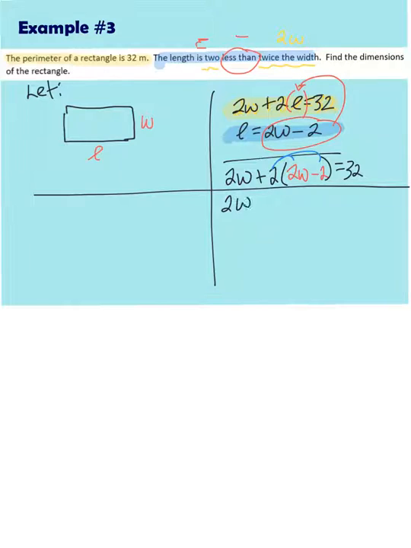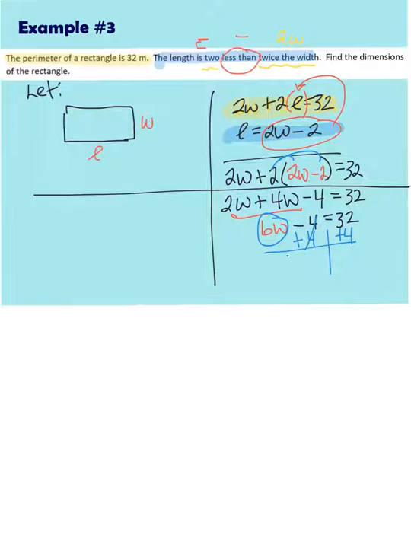So 2w plus 4w minus 4 equals 32. Collect your like terms. Those give you 6w minus 4 equals 32. Then I want to get that by itself, so I'm going to add 4.